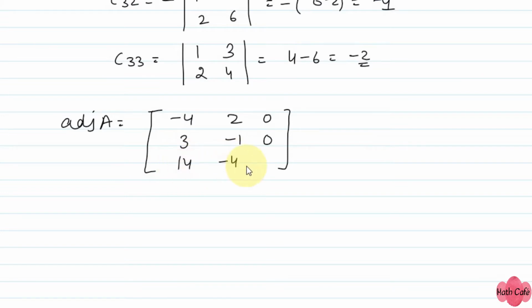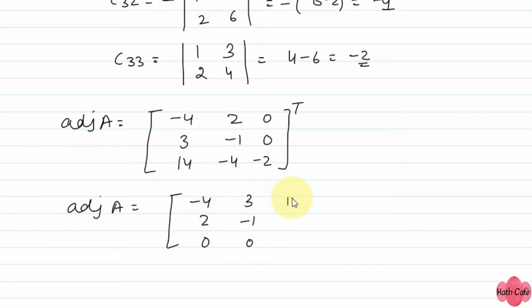We will take the transpose of this matrix, that will be the adjoint of A. So finally adjoint of A will be minus 4, 2, 0, 3, minus 1, 0, 14, minus 4, minus 2. Alright, this is our final answer.